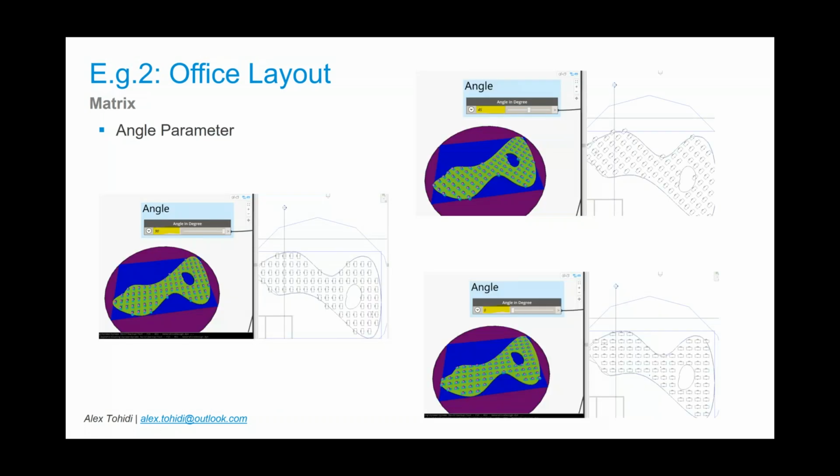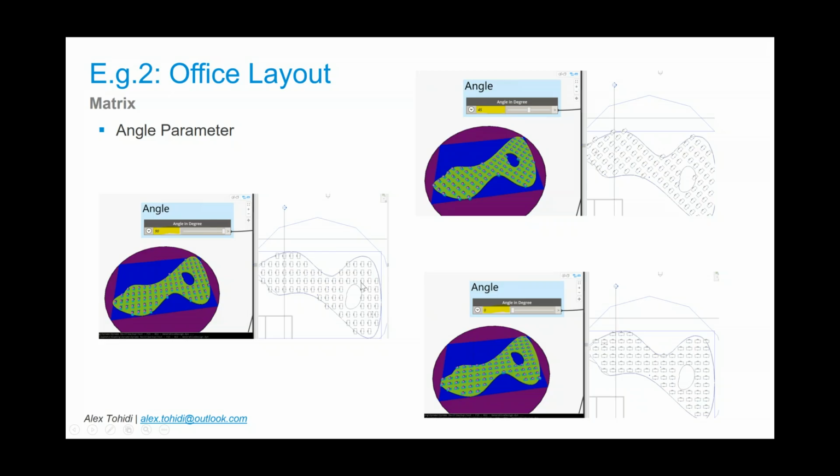The most important parameter that we're going to use is the angle parameter, because the objective of the study we want to run is: given the set of rules that we set up using social distancing, what is the optimal angle to give us the maximum number of desks on the given field region.